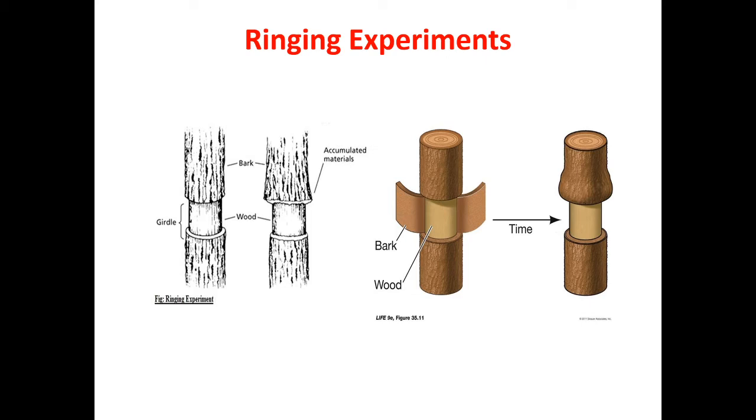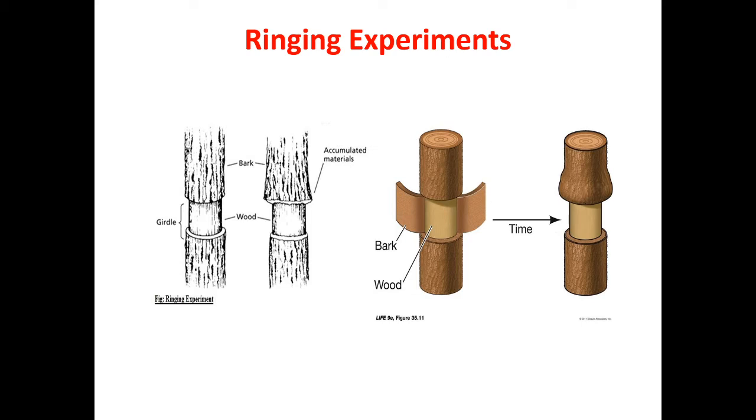We all know that the xylem transports the water and minerals from roots to the shoot system. The transportation through xylem is unidirectional, but the transportation through phloem is bidirectional. We will learn it again.